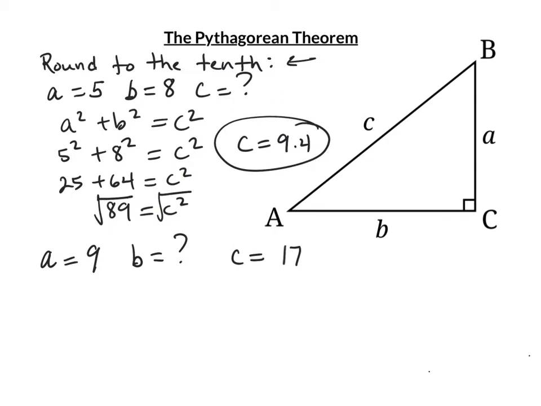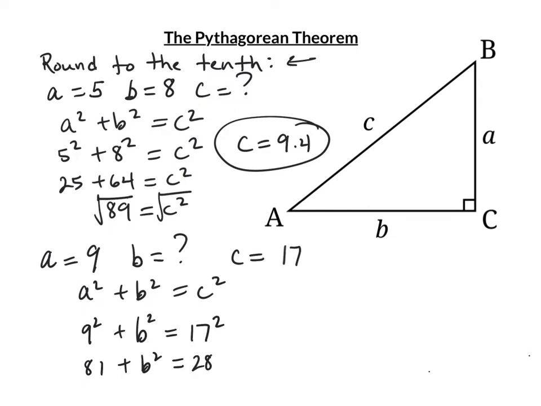We can find a leg, but we have to subtract to find a leg. But first of all, plug it in: a squared plus b squared equals c squared. This becomes 9 squared plus b squared, we don't know b, equals 17 squared. 81 plus b squared equals 289.